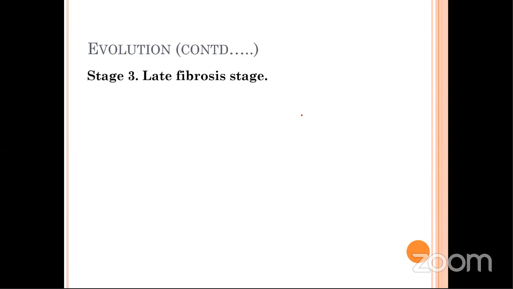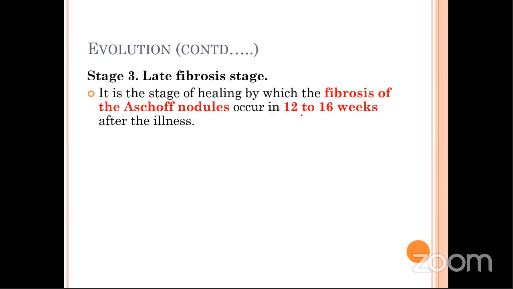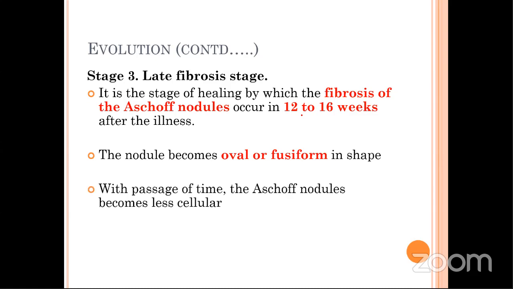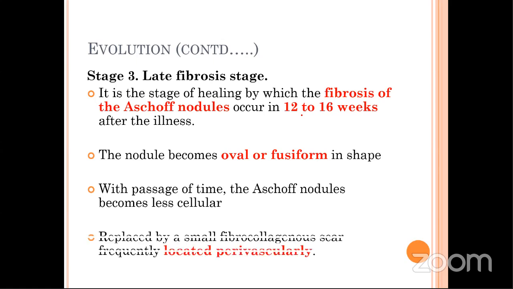The third stage is the late fibrotic stage, where the nodule becomes oval or fusiform in shape and less cellular. The cells start disappearing and are replaced by a fibrocollagenous scar.